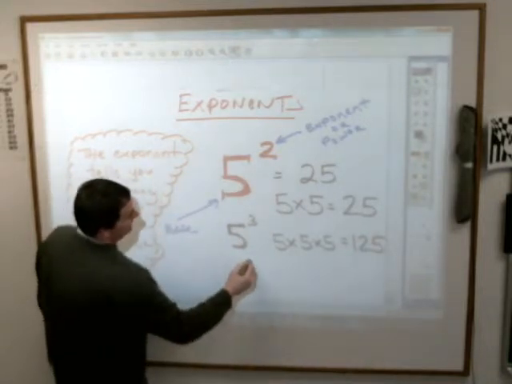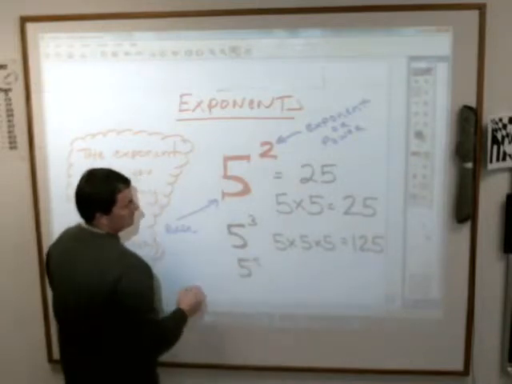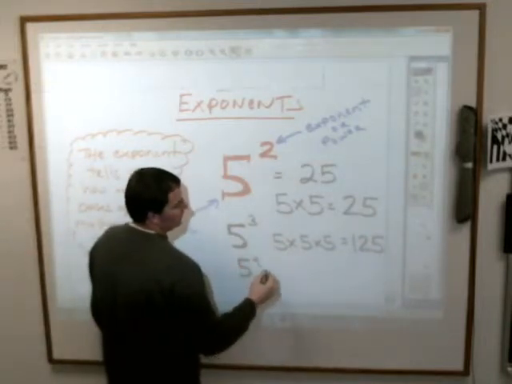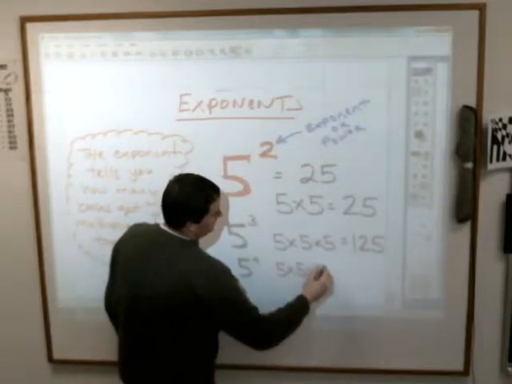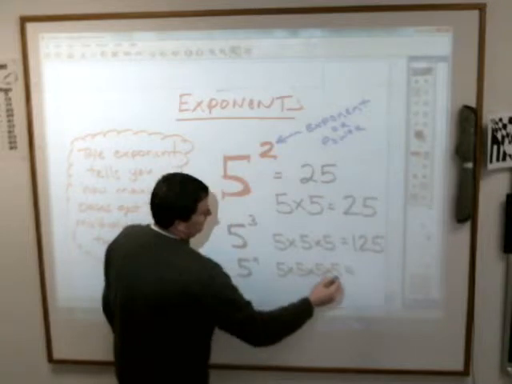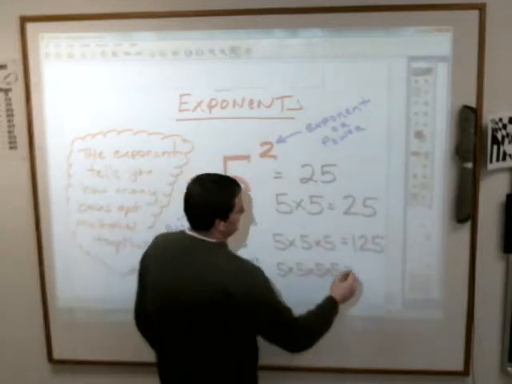If I had 5 to the fourth power, it's not 20, it's not 5 times 4, it is four 5s times themselves. Maybe what four 5s times themselves is? 625.